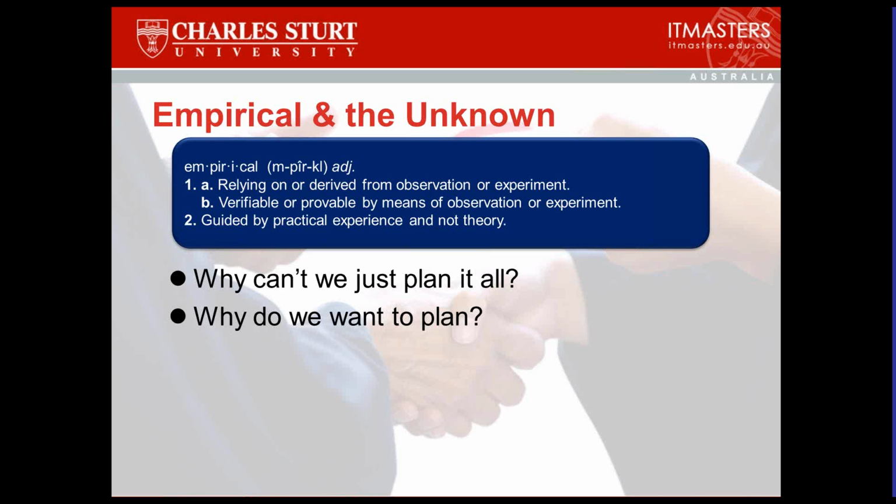It's already a case of saying, well, there are some situations where it's going to be more effective for us to take a different path than the conventional method that we might already be familiar with, and that is try and plan everything up front. Because if we try and plan everything up front, along comes this little beastie called the unknown. And that's where the empirical project or process materializes.